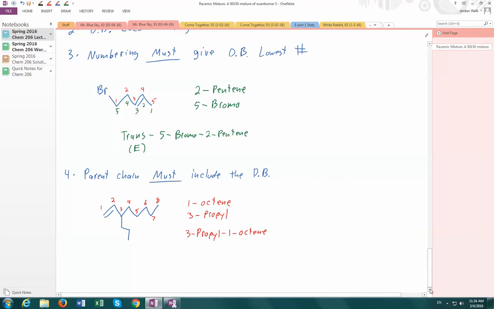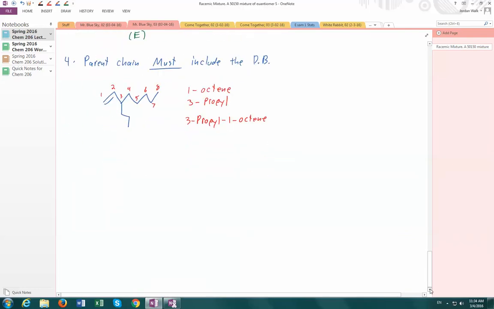All right. So then we're going to learn a couple of rules about cycloalkenes. Rule number 5 is that the double bond always gets the numbers 1 and 2 in cycloalkenes.